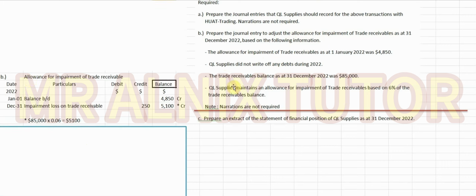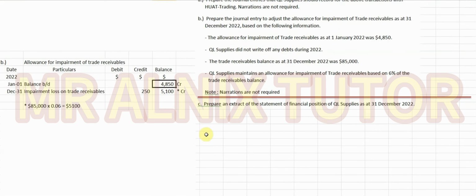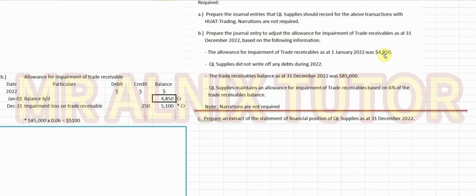Now, the hints already given: 1st January, balance brought down, how much? 4850, which is given. And they have also given us the hint at the end. The ending is 85,000 trade receivable, but the allowance for impairment of trade receivable is 6%. That's why I have to get the 6% from the 85,000.